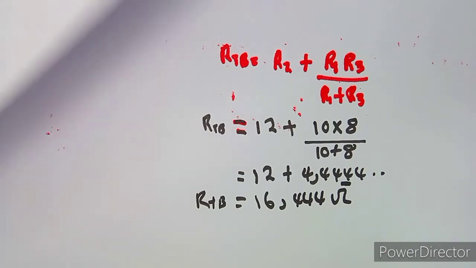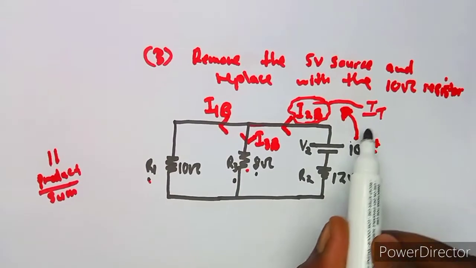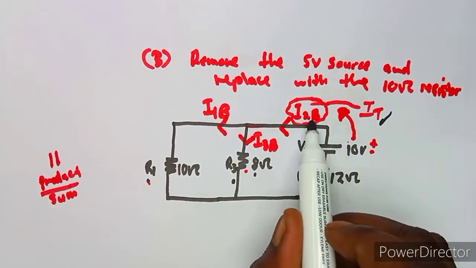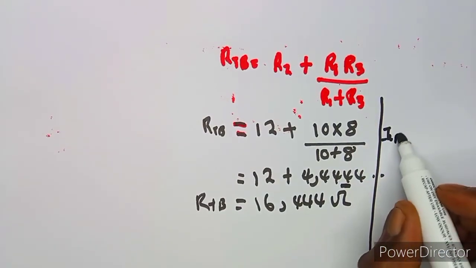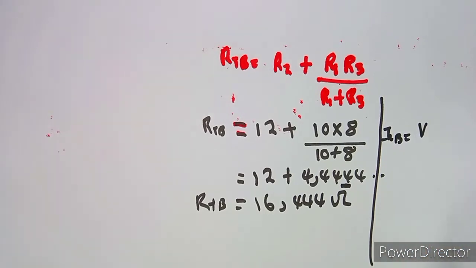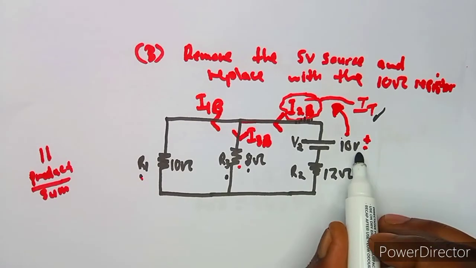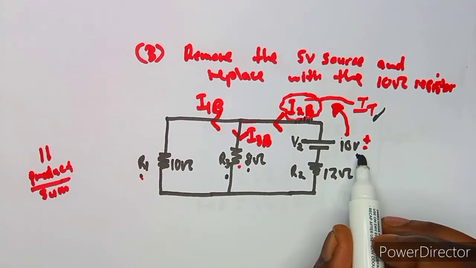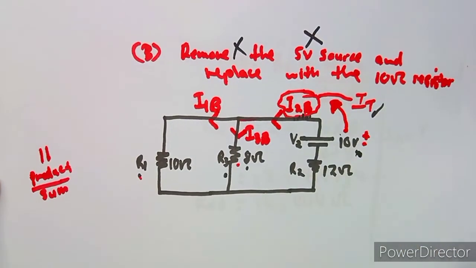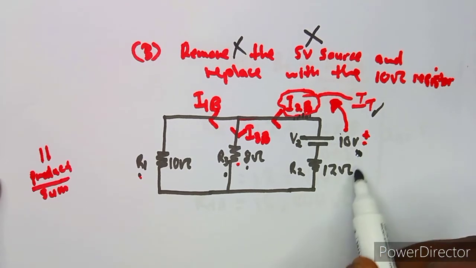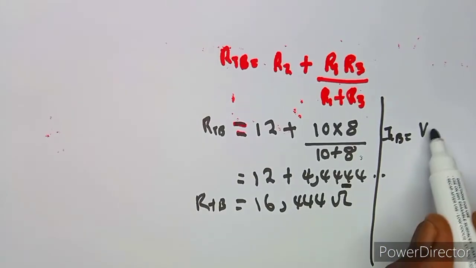We are going to use it to calculate now the total current, which is I2B, our total current in this case. So take note, V2 is the one that we have, not V1, because this one is removed. We've already removed it, so we are left with V2, which is 10 volts.